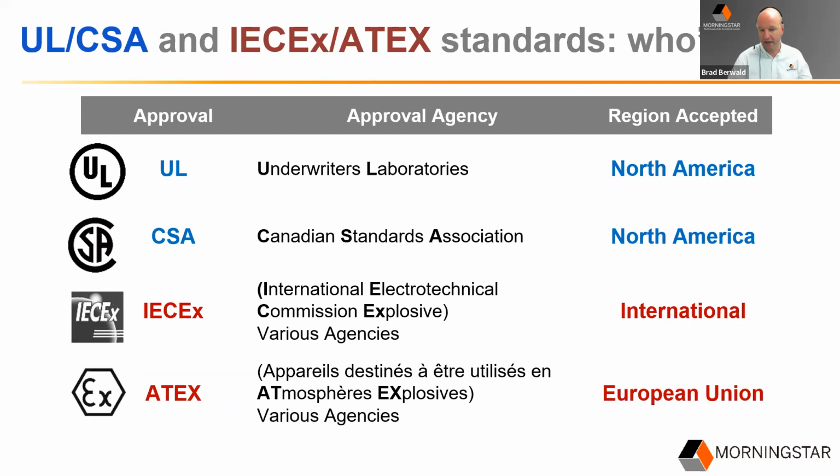As I said, we've got in-house expertise from a lot of the labs that are on Morningstar staff, and our engineers work closely, as does product management and my team, working to make sure that we have these ratings for UL, for CSA for Canada, for IEC for our international work, and also ATEX, specifically for the European Union.